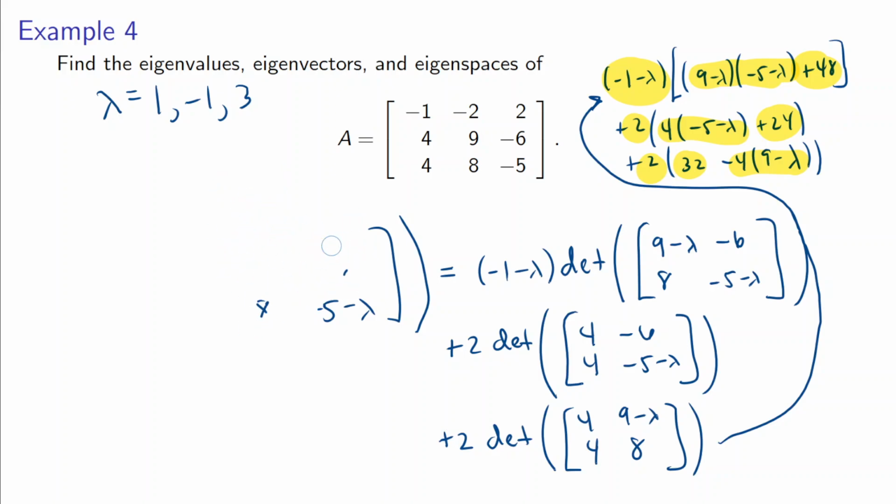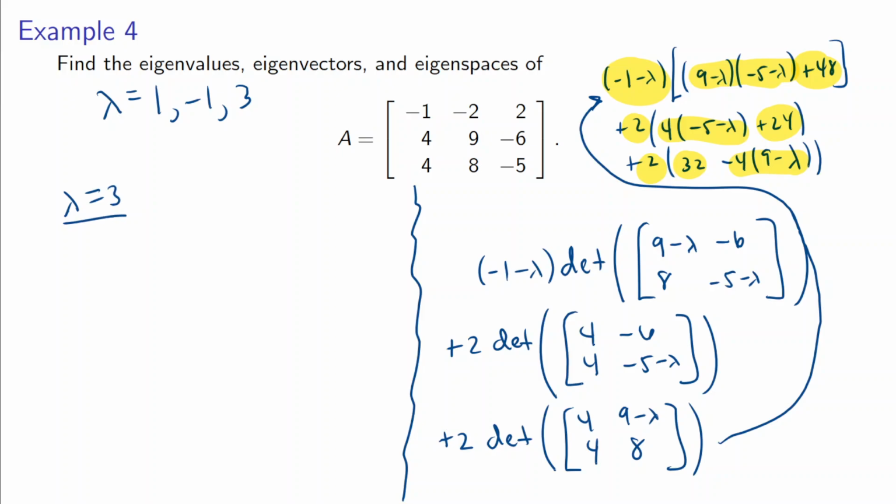So give ourselves a little bit of room here. Okay, so all right, coming up over here, let's go with lambda equals 3. So we want to now find E sub 3, the eigenspace that corresponds to lambda equals 3.